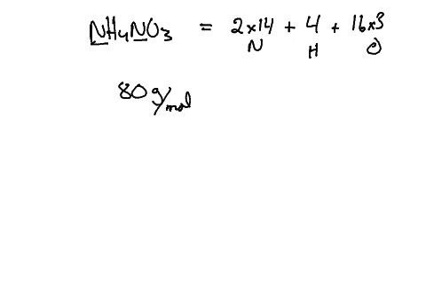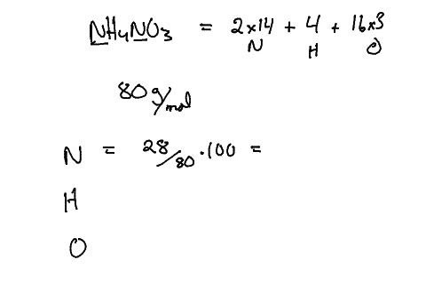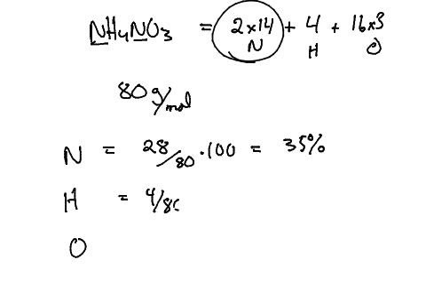To find the percent composition, I take the nitrogen, the hydrogen, and the oxygen. The nitrogen will simply be 28 divided by 80 times 100, and that gives me 35%, because there were 2 times 14. For the hydrogen, that will be 4 over 80 times 100, a much smaller percentage, simply 5%.